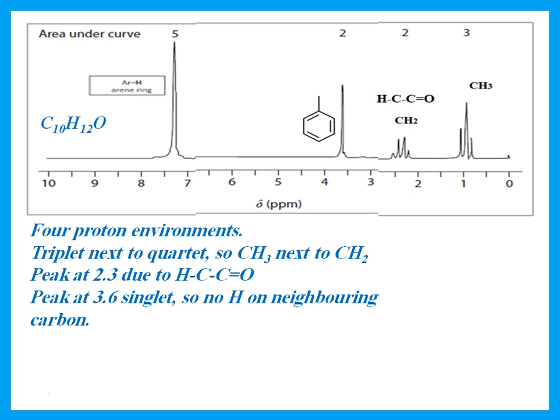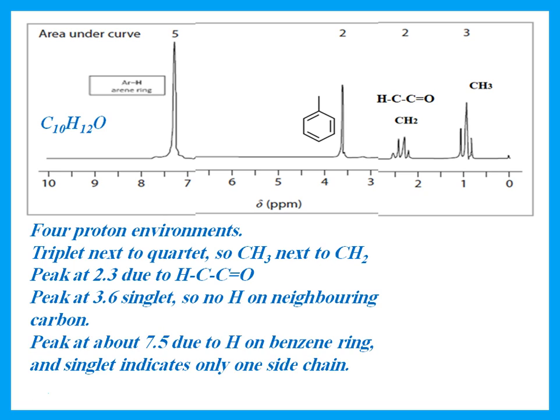So the branch that is attached to the benzene ring has no hydrogens on the neighboring carbon. And then the peak at 7.5, this is due to the hydrogens on the benzene ring, and it's a singlet, and that means that there is only one side chain on the benzene ring. It doesn't have more than one side chain.